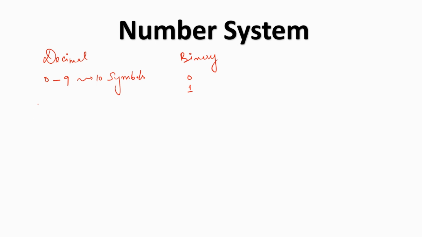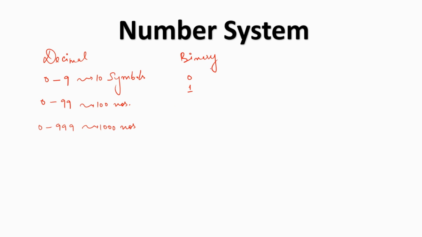But if I say there are two digits, then I can have numbers from 0 to 99, which means I can have 100 numbers. If I can have three digits in my number, then 0 to 999. So I can have 1,000 numbers represented using the symbols of the decimal number system with three digits.